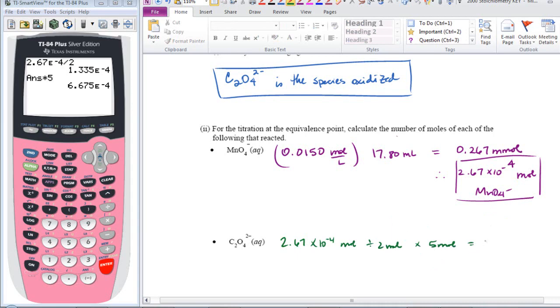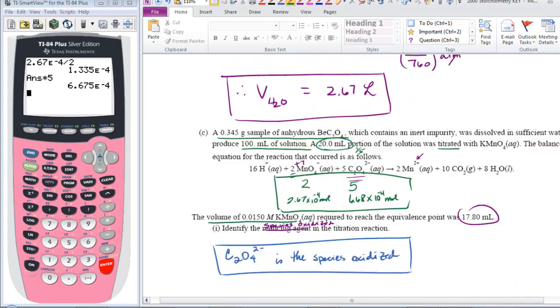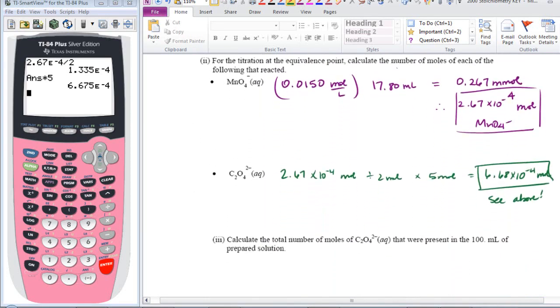Either way, you're going to come out with an answer of 6.68 times 10 to the minus 4 moles. So my students would have said C above underneath that and focused in on blocking that so that it was easy for the reader to look up there and see that. All right, what else do they have in store for us?